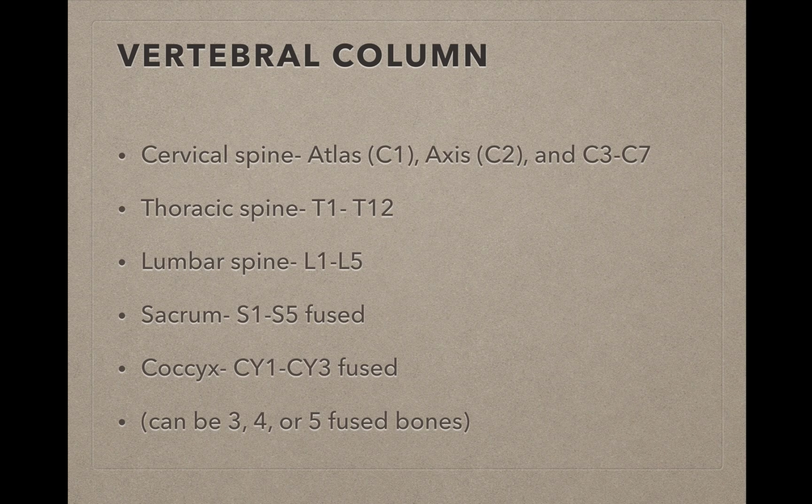The thoracic spine, T1 through T12, the lumbar spine, L1 through L5, the sacrum, S1 through S5, fused, the coccyx, CY1 through CY3, fused. Also note that the coccyx can be 3, 4, or even 5 fused bones.